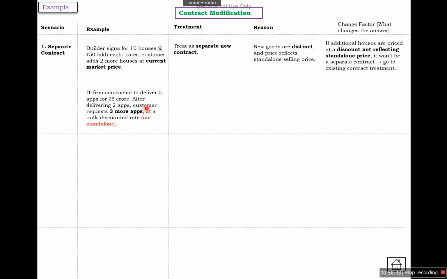So in this case, if it is not at a standalone price, we need to check whether goods are distinct. Yes, goods are distinct. So in this case, we need to terminate the old contract and create a new contract for the remaining apps.